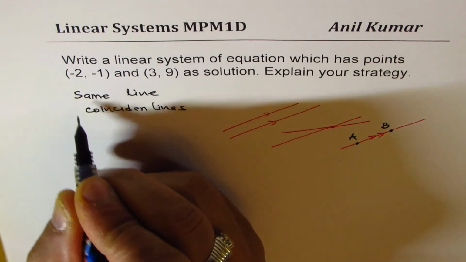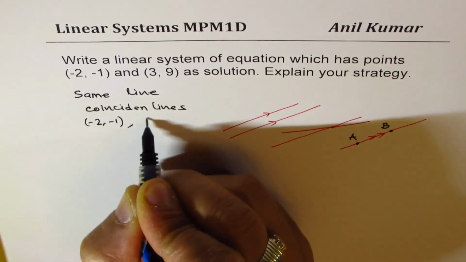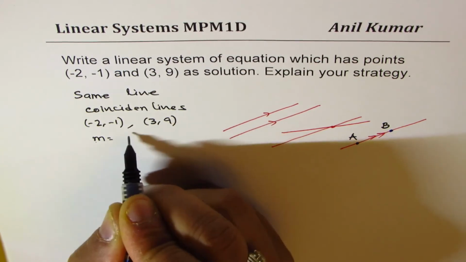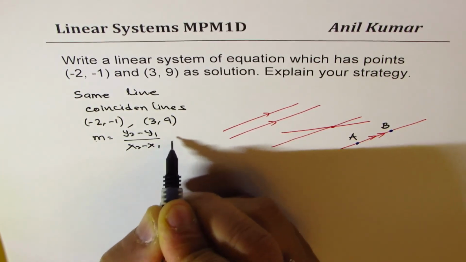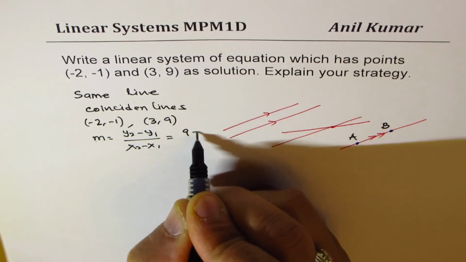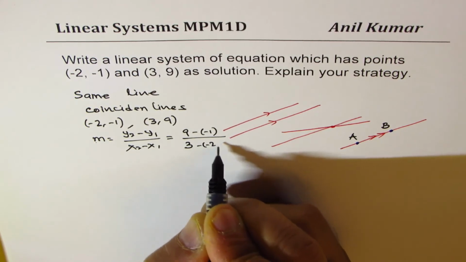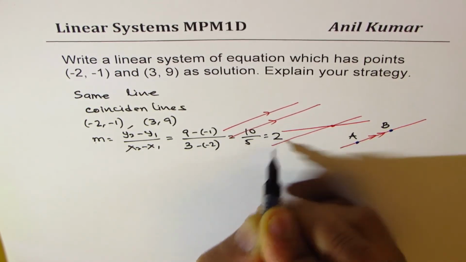So let's say these are the 2 points which are -2, -1 and 3, 9. Then the slope will be y2 minus y1 over x2 minus x1. That gives us 9 minus -1 divided by 3 minus -2, and that is 10 over 5, or a slope of 2.